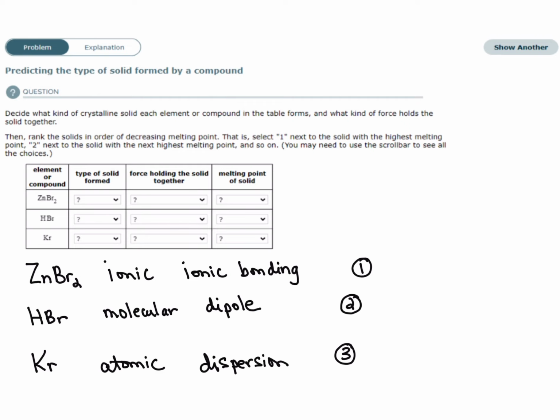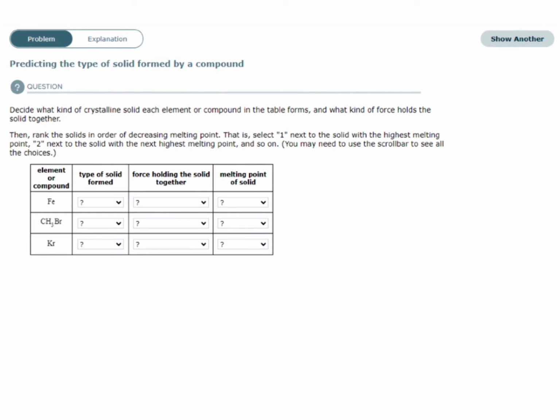Let's take a look at another example. We have 3 solids. The first one is Fe. Fe is a metal, iron, so that is considered a metallic solid. And metallic solids are held together by metallic bonding.